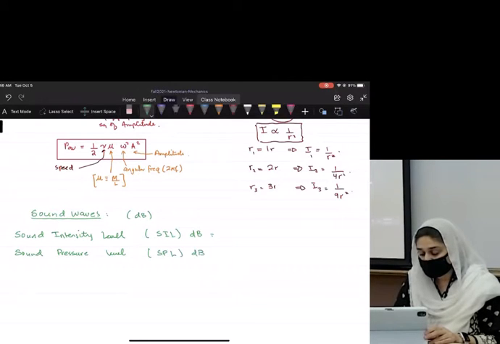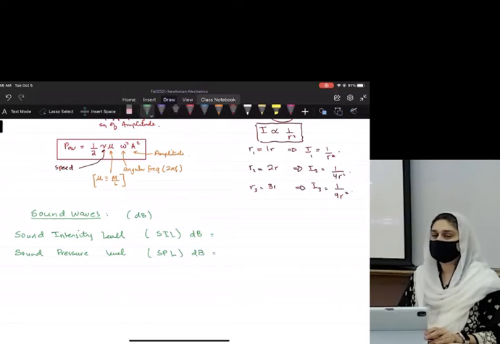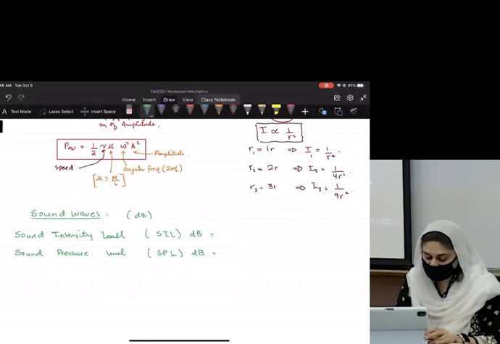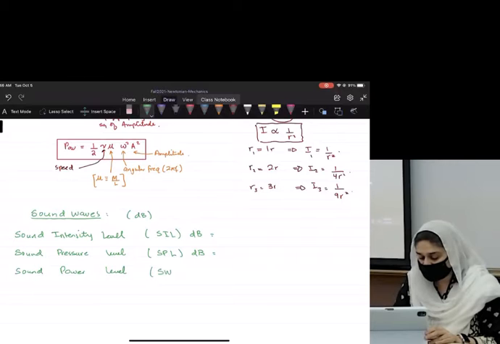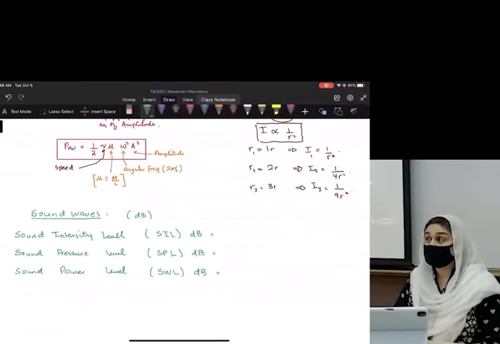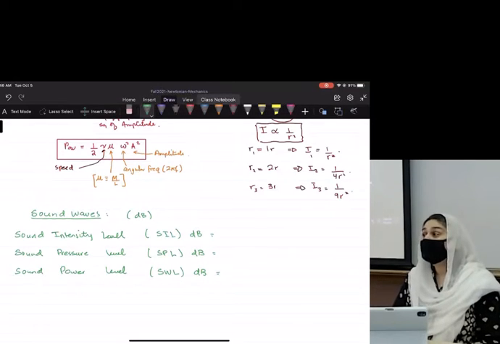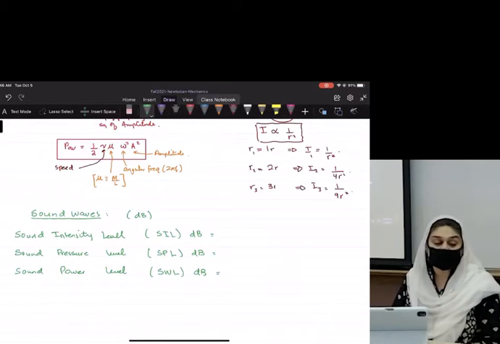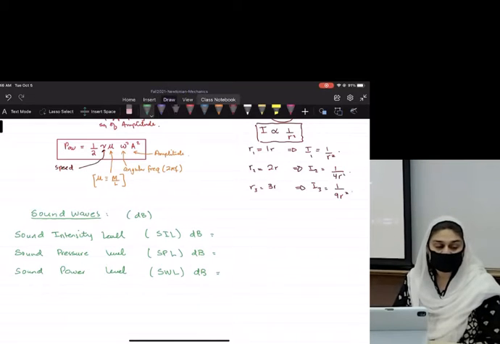It is also measured in dB. There is another one that we call sound power level. And that is called SWL, in dB. And I have seen so many people so confused about all of these terms. And part of the problem is that we don't fundamentally understand what these terms mean.